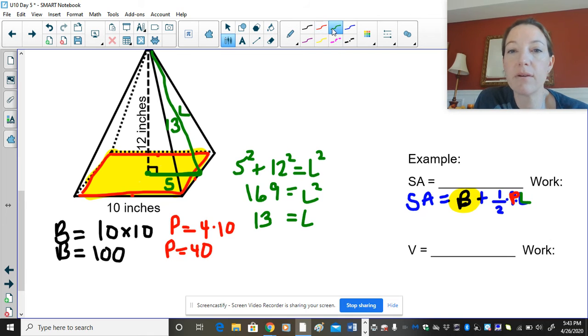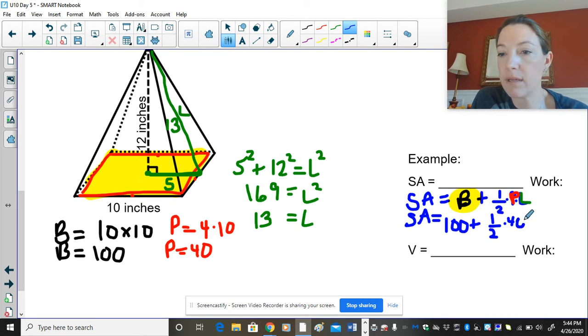Let's put it all together and calculate our surface area for this pyramid. Surface area equals our base area of 100 plus half times the perimeter around that base, which was 40, times the slant height of the pyramid, which we just figured out was 13. You can calculate half times 40 times 13 first if you want, or in your calculator, you can just calculate this all at once.